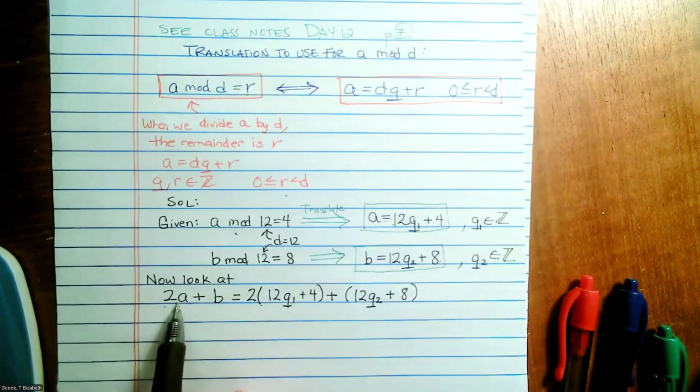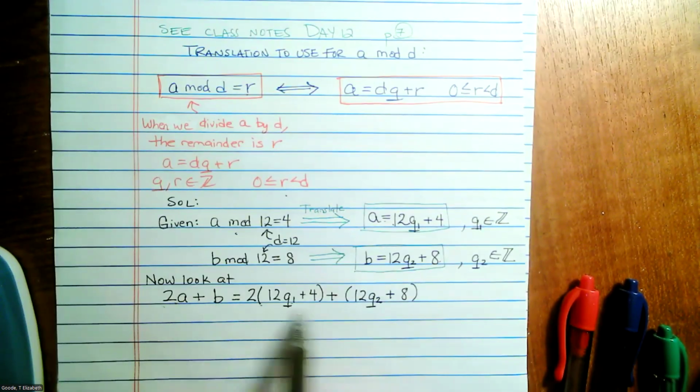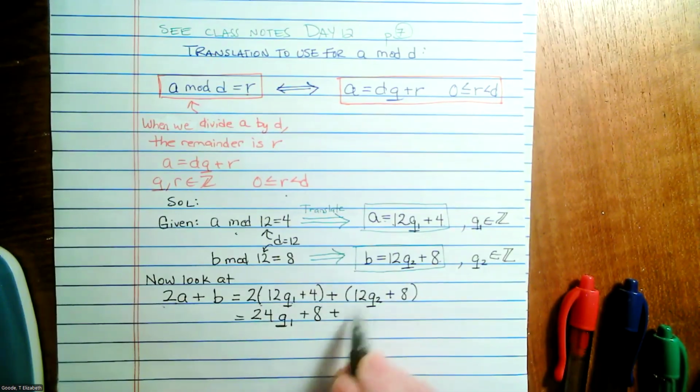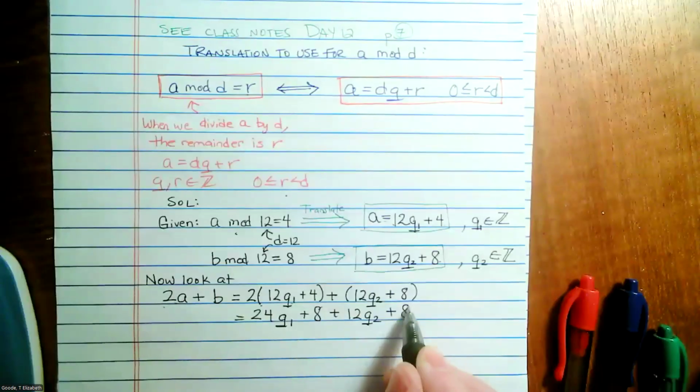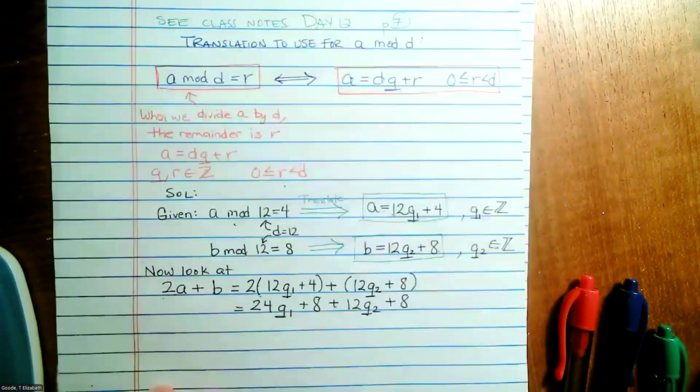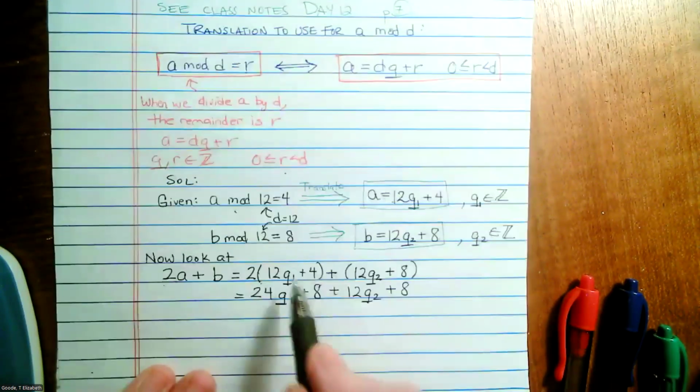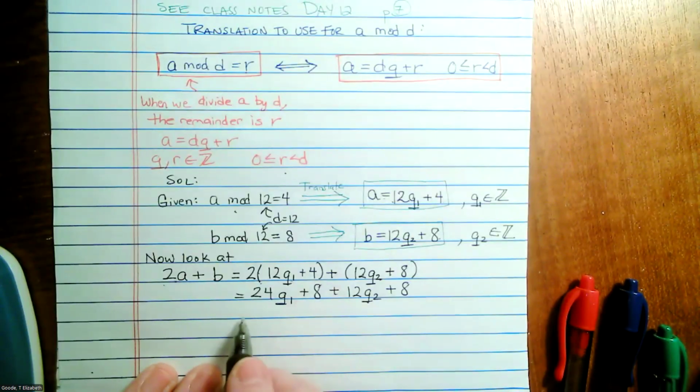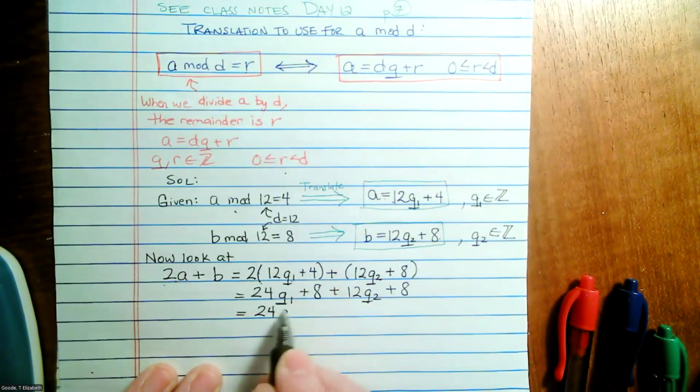But what we're trying to figure out is what this is mod 12. So we need to pull some 12s out of here. Let's see what we've got. We've got 24Q1 plus 2 times 4 is 8, plus 12 times Q2, plus another copy of 8. We want to pull as many 12s out as we can. Isn't this the same thing as 24Q1 plus 12Q2?